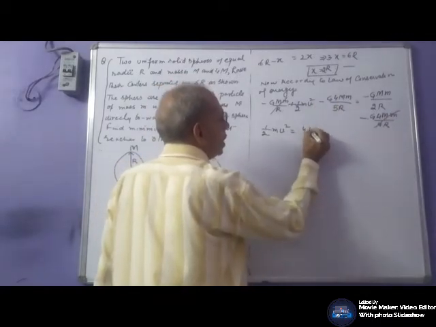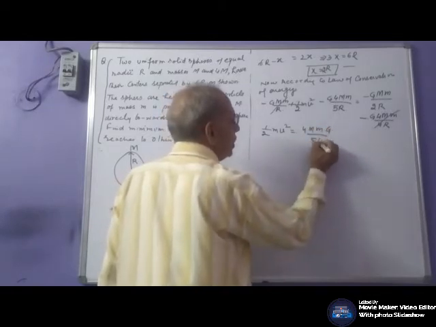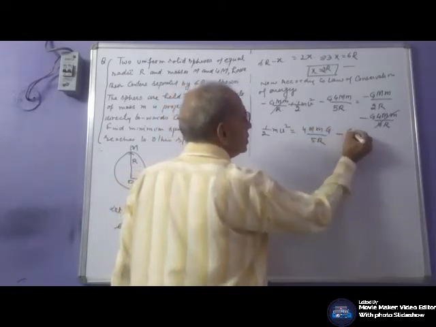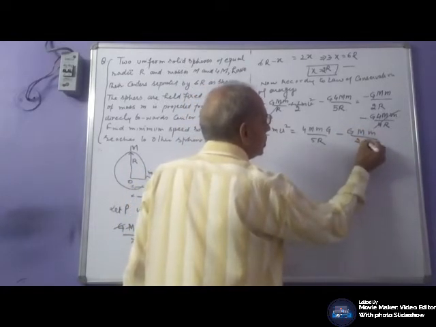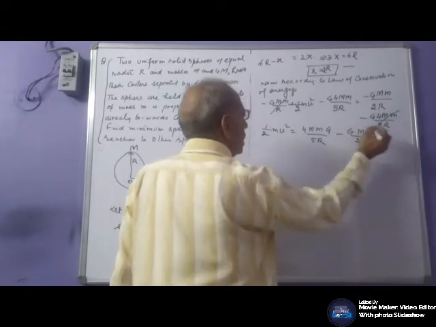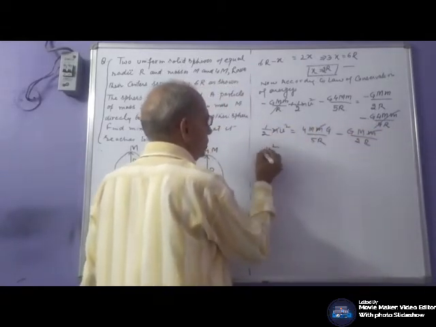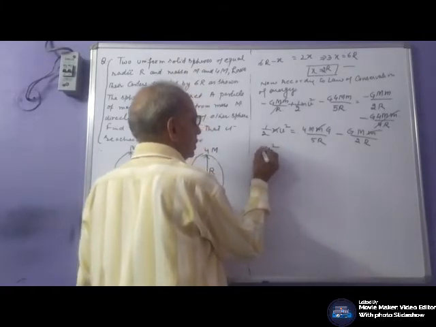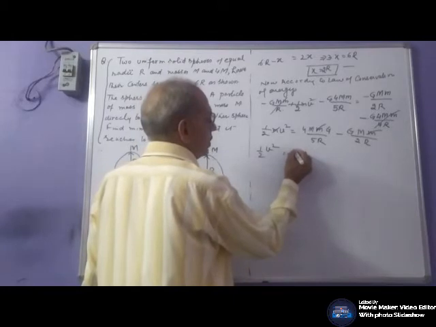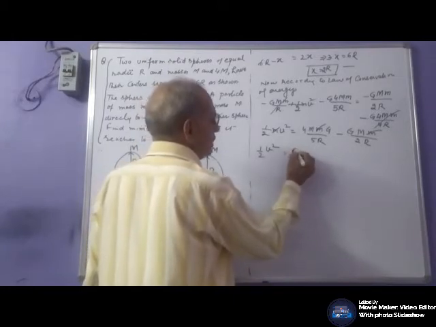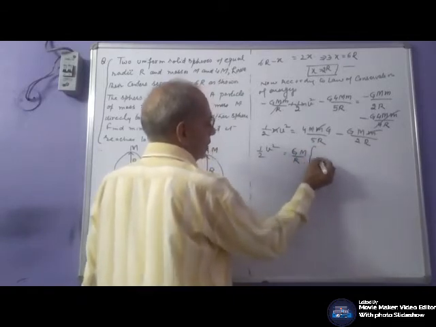Capital M and small m are common and cancel out. V square is G capital M by R.